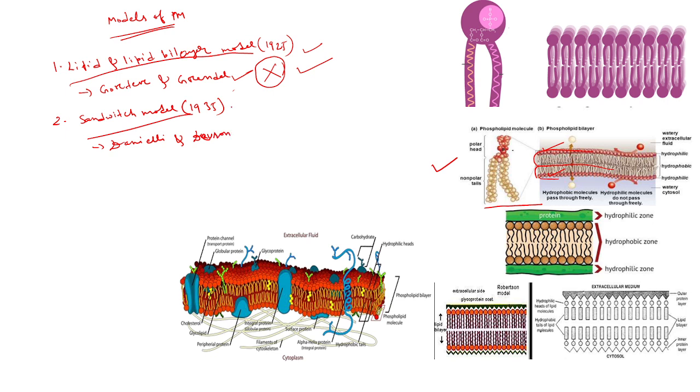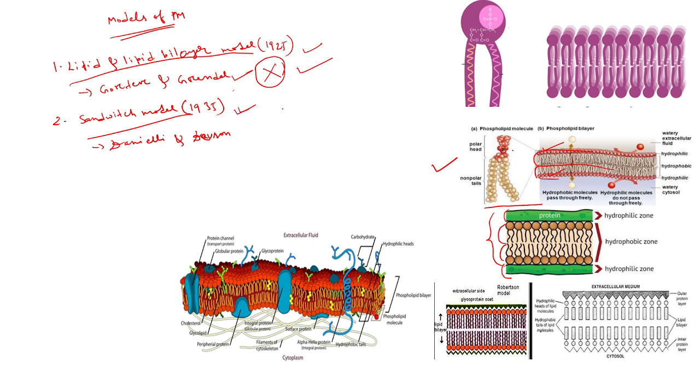So what is the sandwich model? This type of structure is called the sandwich model, which was discovered in 1935. According to this model, at the outer side the protein is present. Here is one protein layer, here is another protein layer, and inside the lipid layer is present. That is why it is called the sandwich model.